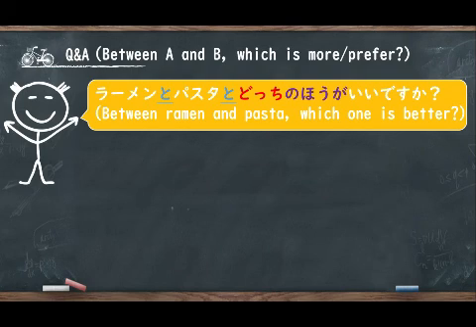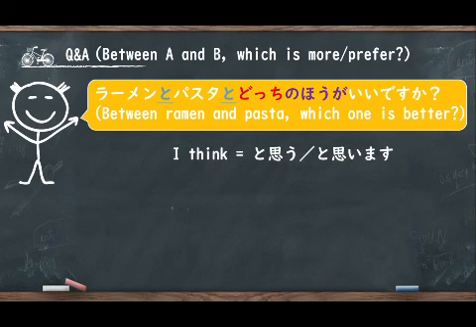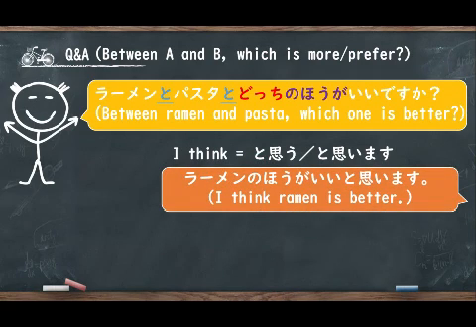So now, when you're answering this question, you're going to say I think, right? Because it's your own opinion. So, I think in Japanese is と思う or the polite way と思います. Let's say you think ramen is better. How do you say that? Yes, you can say ラーメンの方がいいと思います. Okay? So let's say you think pasta is better. How do you say that?